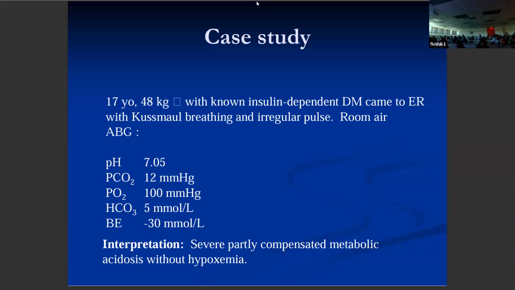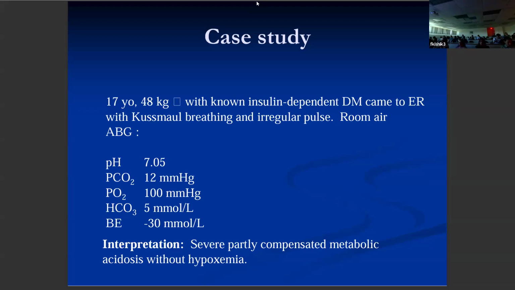CO2? Severely low. Bicarb? Really low. And look at the base excess. Really low. So this is a poor attempt of compensation from the respiratory system. It's a metabolic acidosis with poor respiratory compensation.